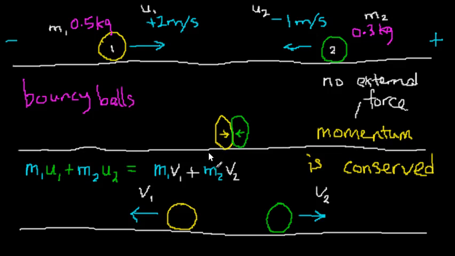So assuming that there's no friction on the table and that you don't push it, just allow them to collide freely and bounce off freely, then momentum is conserved. Momentum is conserved in the sense that if you add up the momenta before they collide and then after they collide, you find that the answers are the same.